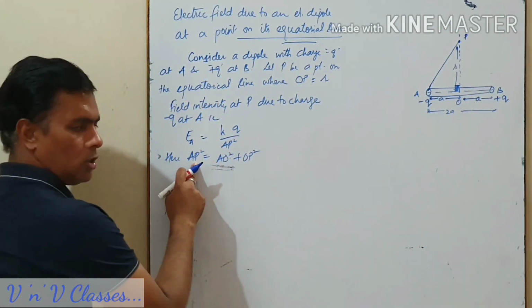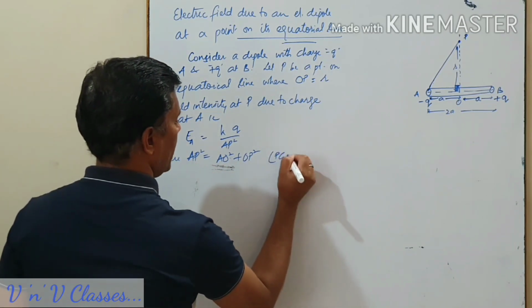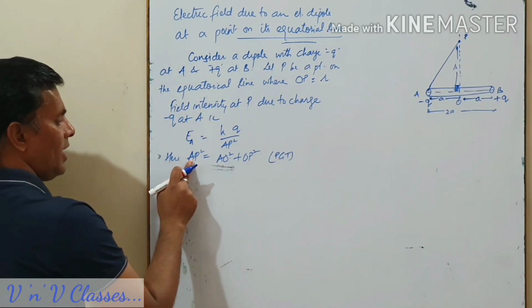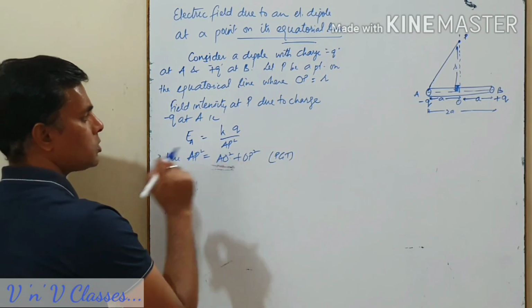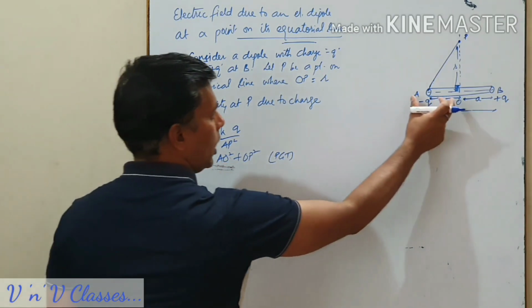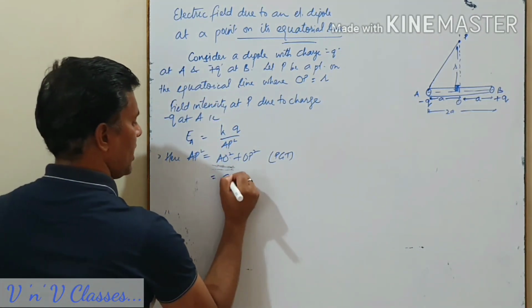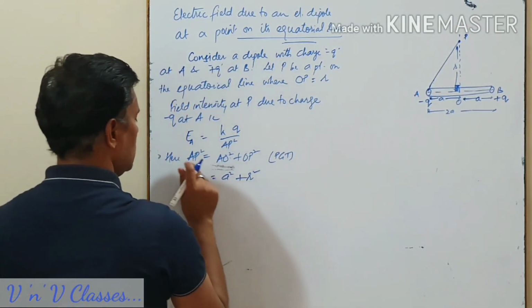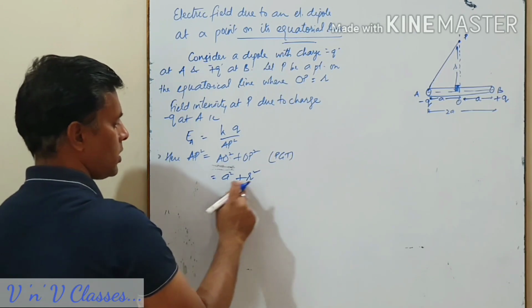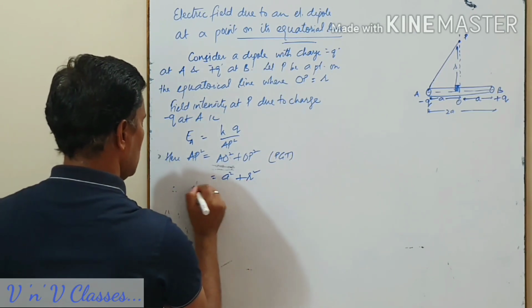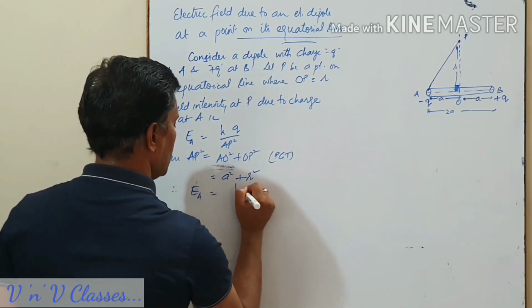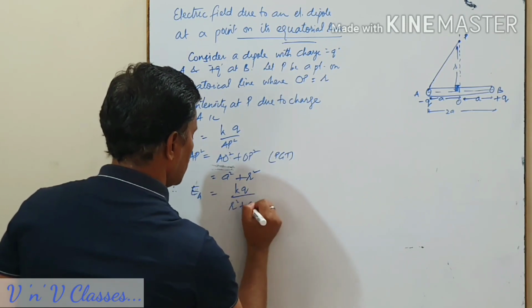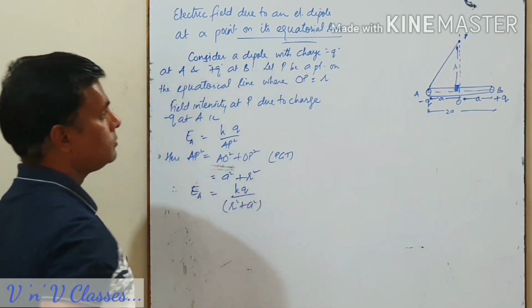So using the Pythagoras theorem, AP square equals AO square plus OP square. How much is AO? This is a square. And how much is OP? That is r square. So AP square is a square plus r square. Therefore E_A comes out to be kq upon r square plus a square.